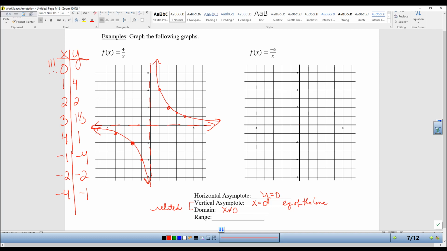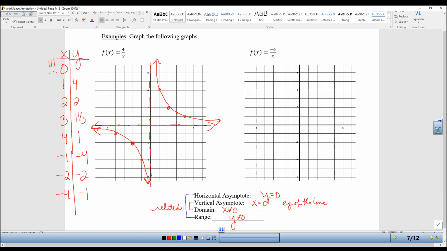That is the equation of that line. The domain tells you what x can't be. X can't ever be 0, which created the asymptote. So that's why they're always related. And the range, it goes all the way up and all the way down, but y is never 0. So again, y is not equal to 0. So these two are going to be related.